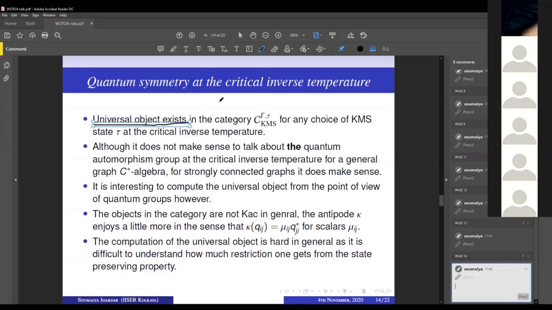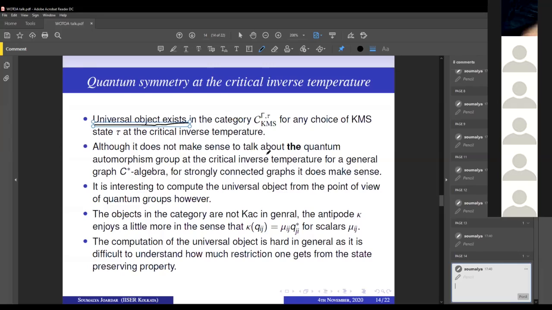We had to adapt the technique. The idea is to embed the CQG in a large known CQG, but you can look in the references that I will mention in the end. So a universal object exists in the category for any choice of KMS state τ at the critical inverse temperature. You can start with any KMS state at the critical inverse temperature, and you can prove the existence of a universal object in the category that I mentioned.